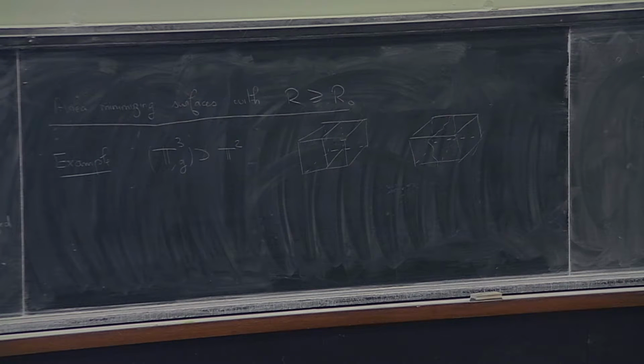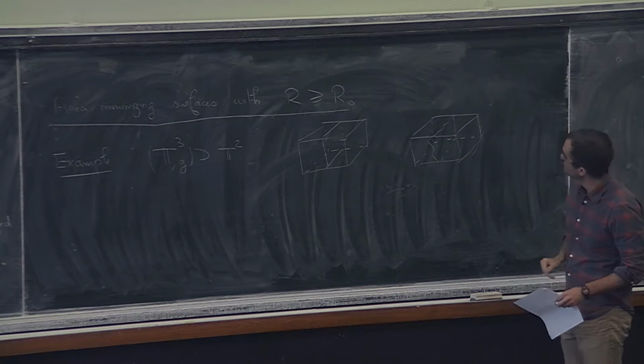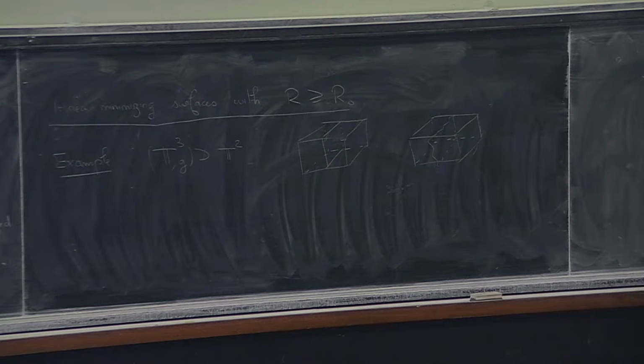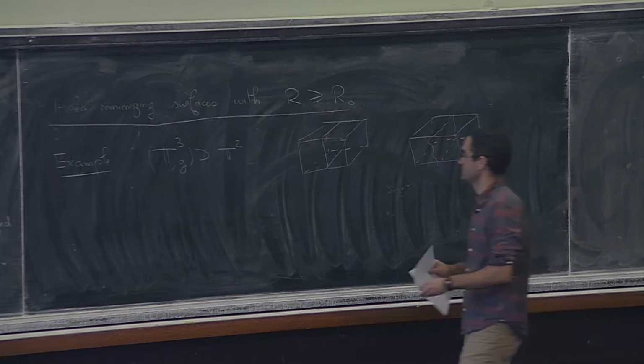And the question is, I want to understand something about the geometry of this two torus and say something maybe about the ambient manifold.